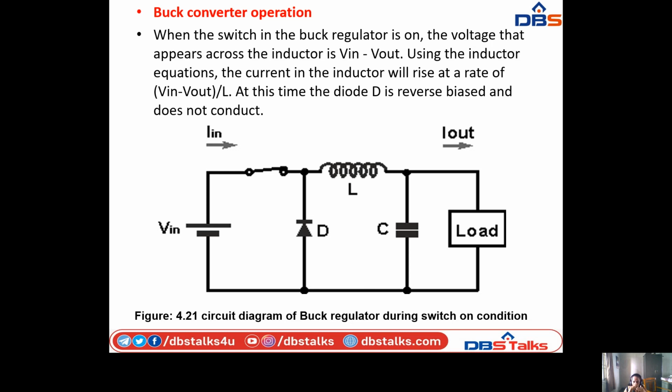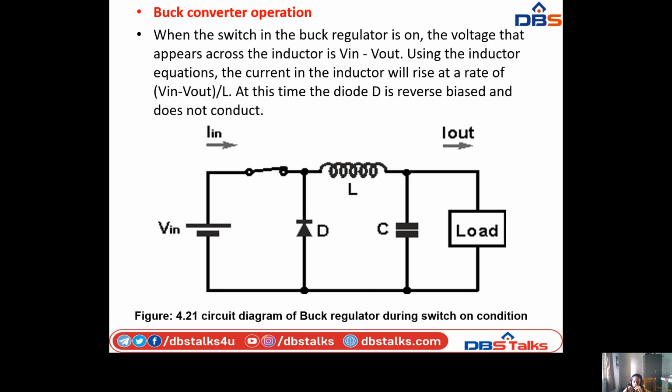When the switch is in the on state, the voltage appearing across the inductor is Vin minus Vout. Using the inductor equation, the rate of rise of current in the inductor is (Vin minus Vout) by L. At this time the diode is in reverse bias.